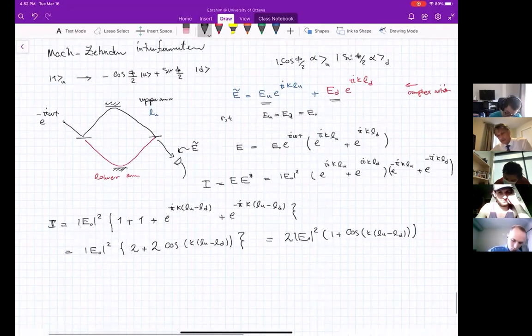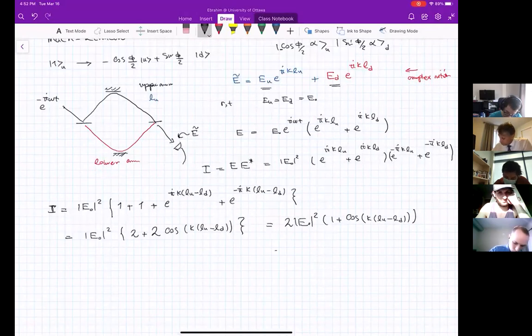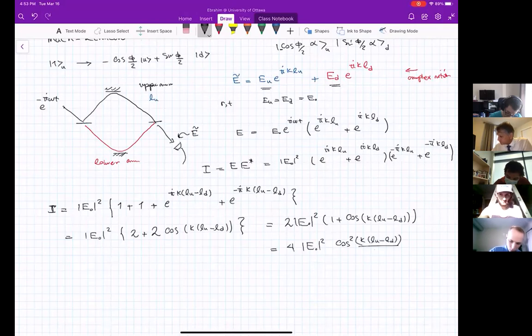We can simplify this further as well. 1 plus cosine of theta, I have never remembered these equations, it is 2 cosine squared of theta divided by 2, right? It will be E0 squared times 2 cosine squared of k (L u minus L d) divided by 2. Okay.